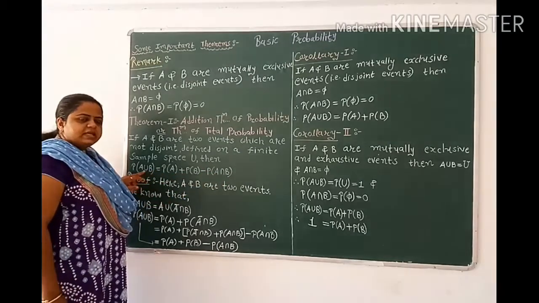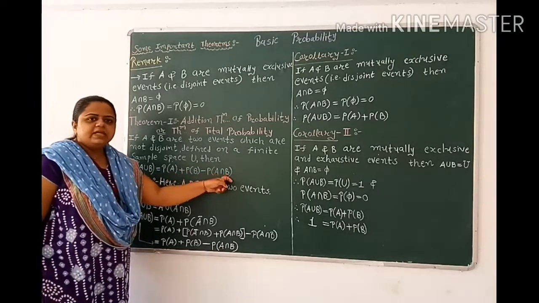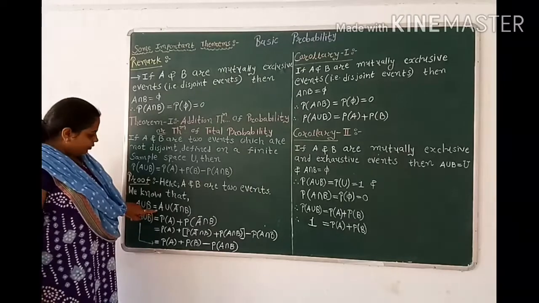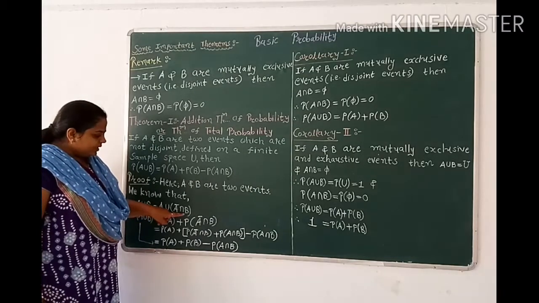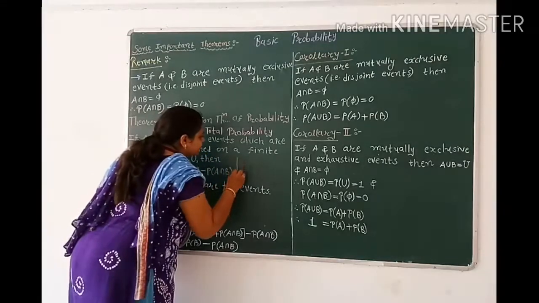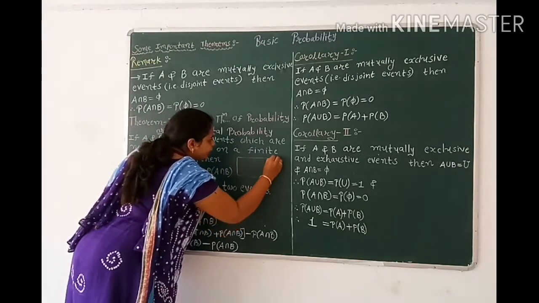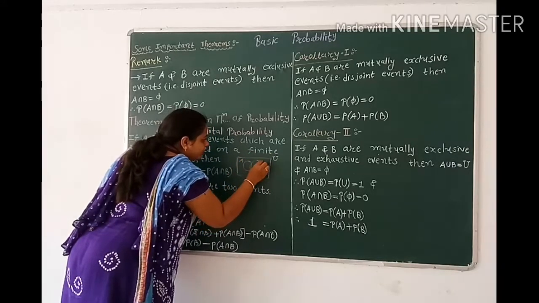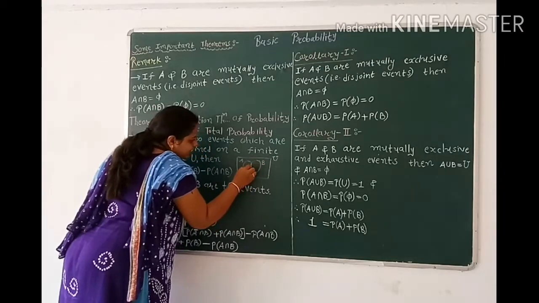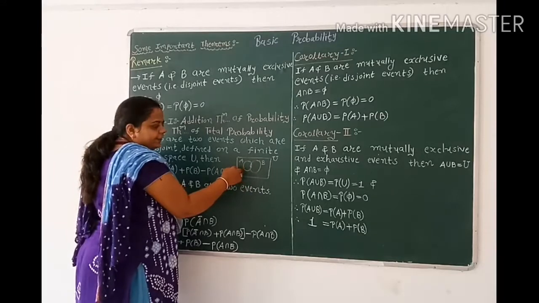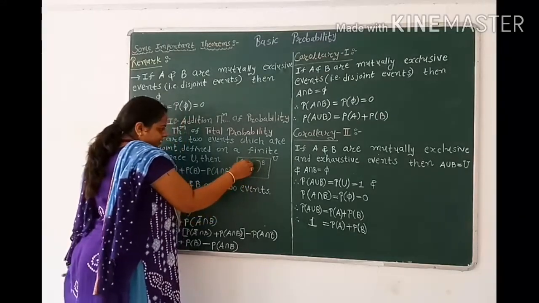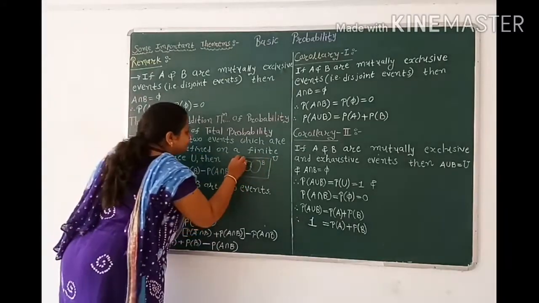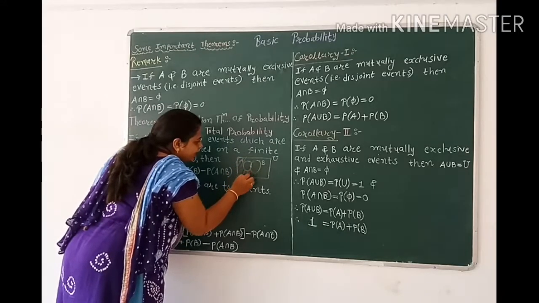A union B means A or B. A intersection B means A and B. Now we know that A union B equals A union (A complement intersection B), because suppose we have some sample space U and two events A and B. This part is A intersection B, and the complement of A is the part of U which is not including A. So this is our A complement.